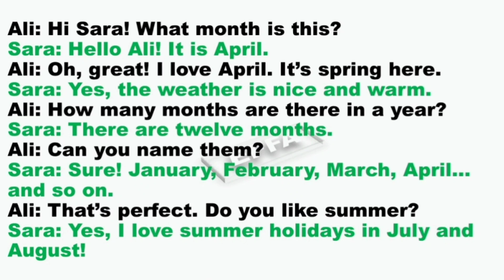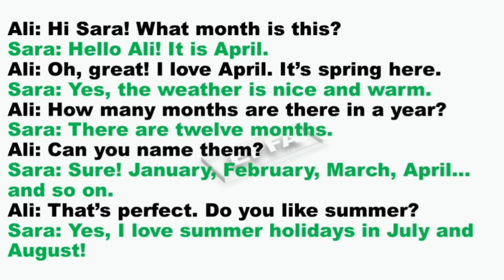Ali: Hi Sarah, what month is this? Sarah: Hello Ali, it is April. Ali: Oh great, I love April, it is spring here. Sarah: Yes, the weather is nice and warm. Ali: How many months are there in a year?